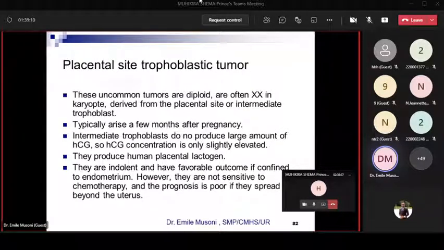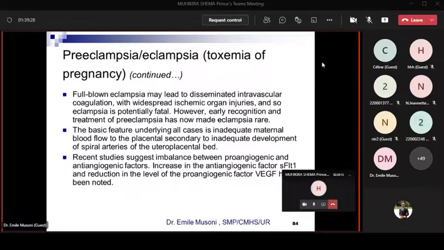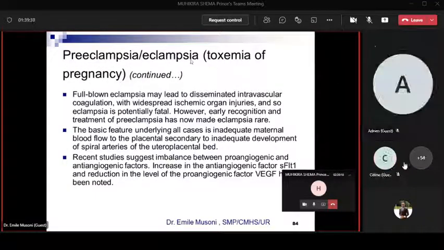I didn't understand well about doing the cesarean section in preeclampsia. It is an emergency. You have to save the life of the baby and the mother. Because you have seen this, there will be spread ischemic injury of several organs. You have to make sure that you remove the baby.